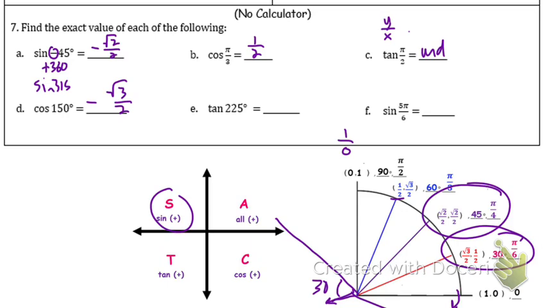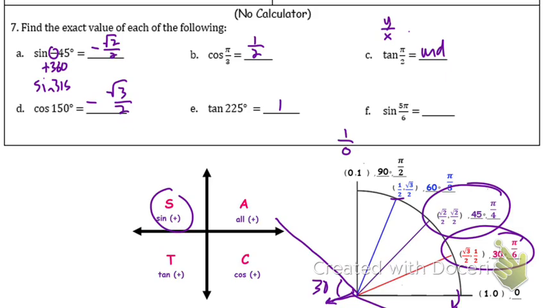If I'm looking for tangent and I'm in quadrant 3, my answer is going to be positive. So your tangent at 45 degrees is always just going to be 1 or -1, depending on what quadrant you're in. So the tangent of 45 degrees is 1. Any other angle where the reference angle is 45 degrees, you need to think about what quadrant we're in. But the square root of 2 over 2 divided by the square root of 2 over 2 is just 1.